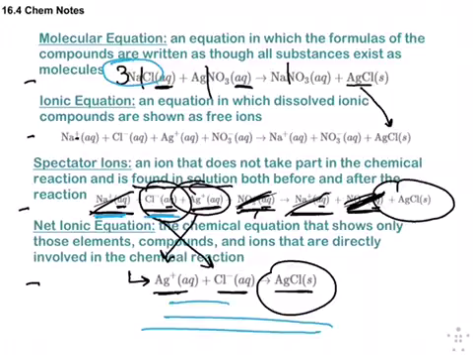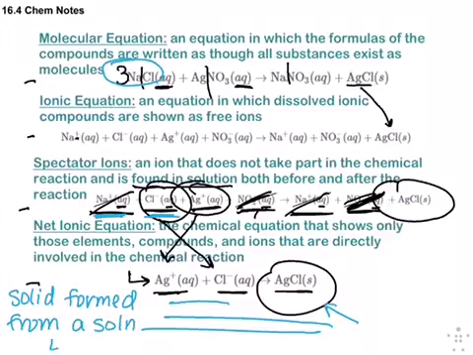The goal of the net ionic equation is to show me how the solid is produced. Okay? A solid formed from a solution is called a precipitate.